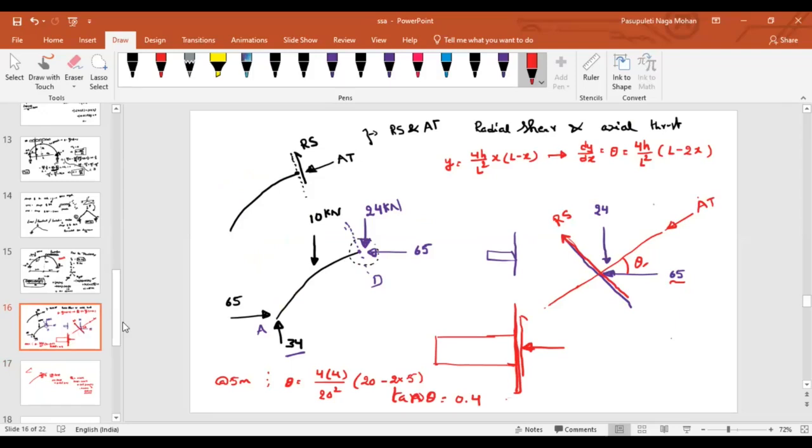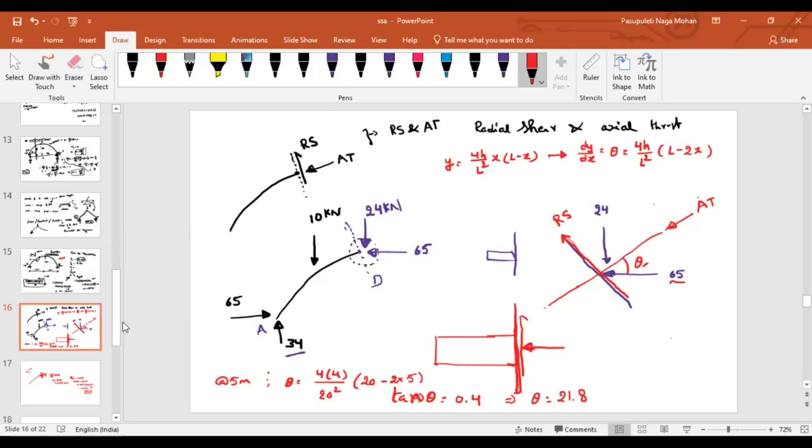That implies what will be your theta? What will be your slope at that point? 21.8. What is the unit? Radian, sir. It's up to you.